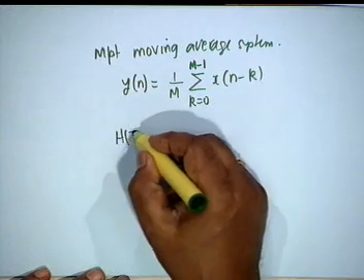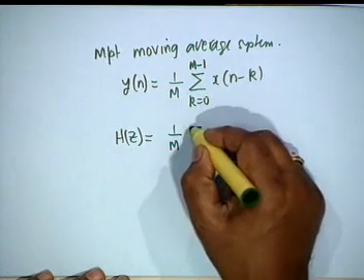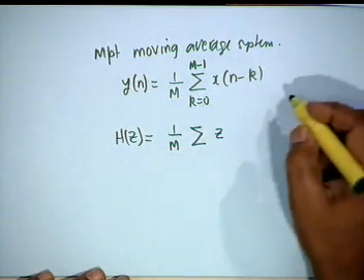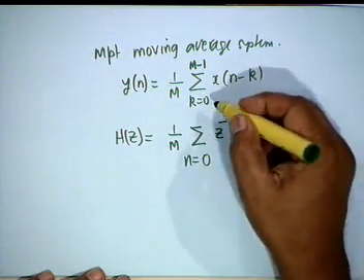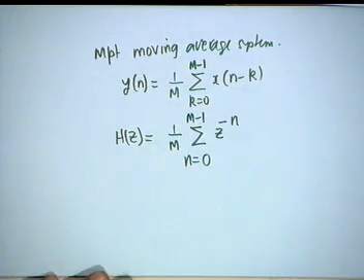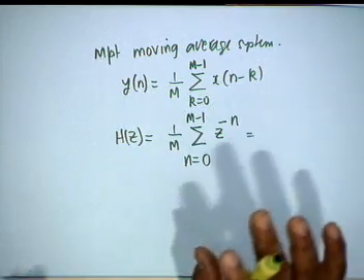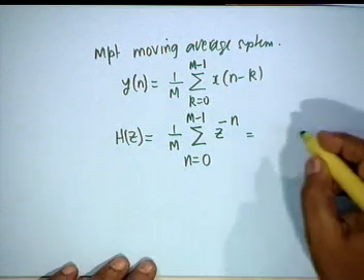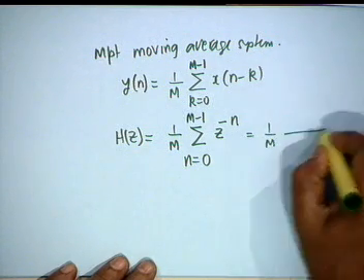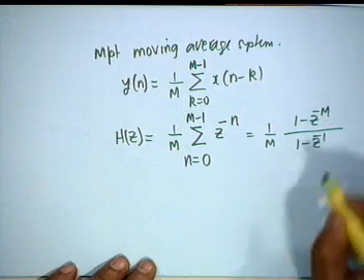and therefore you can take the Z transform and find that H of z is nothing but 1 over M summation z to the power minus n, where n goes from 0 to capital M minus 1. This is the Z transform, and this is a geometric series. The Z transform exists because the summation is finite. So, it is 1 by M times 1 minus z to the minus M divided by 1 minus z inverse.